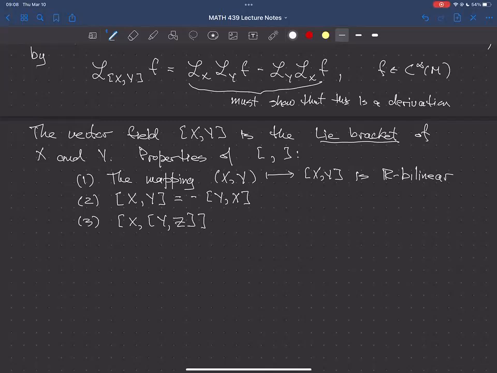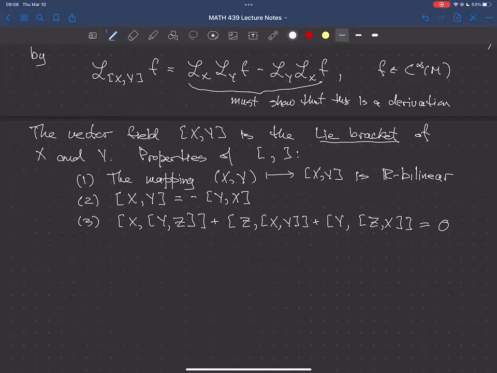You take that triple Lie bracket, and then you just permute its entries, plus shifting them all to the right: [z, [x, y]] plus [y, [z, x]] equals 0. So there's a peculiar identity that it satisfies.